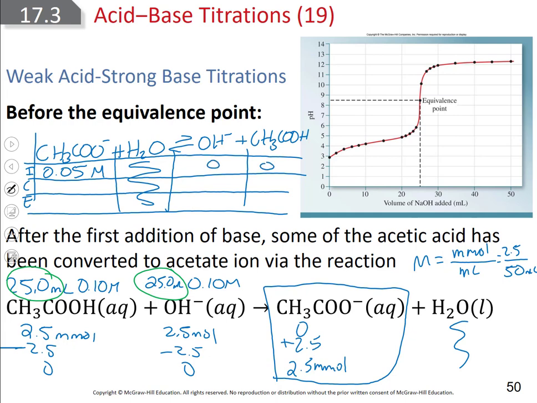All right, so what's going to go in the change row for our ice table? Negative x. So at equilibrium, we're going to have 0.05 minus x. What's going to go over here? Plus x, x, and x. All right. So how do we solve for x?